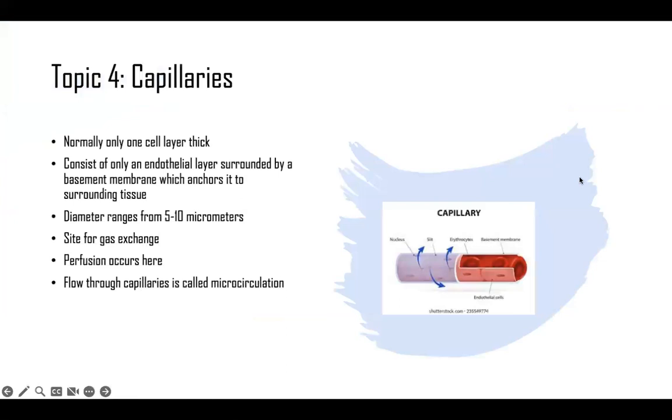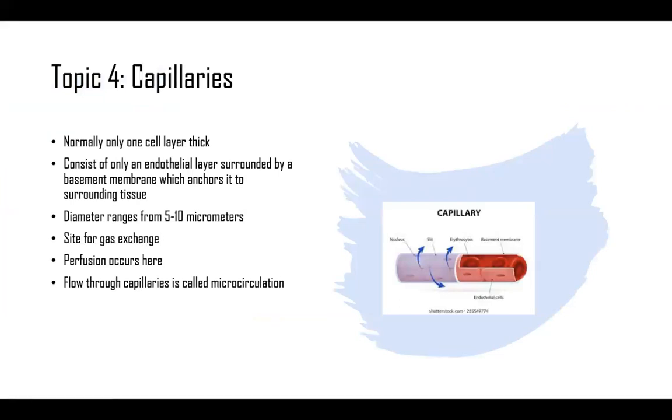Now we're going to be moving on to our 4th topic, which is capillaries. They are normally only one cell layer thick and consist of only an endothelial layer surrounded by a basement membrane.